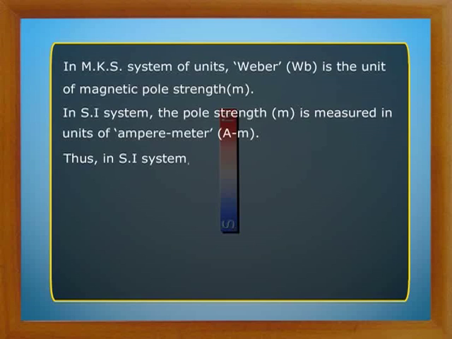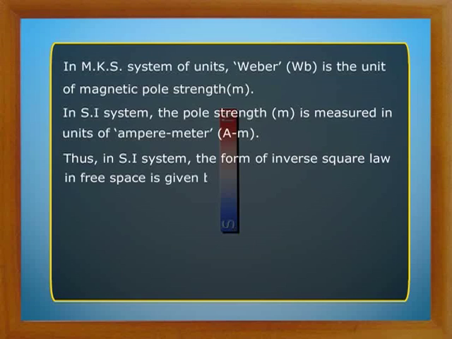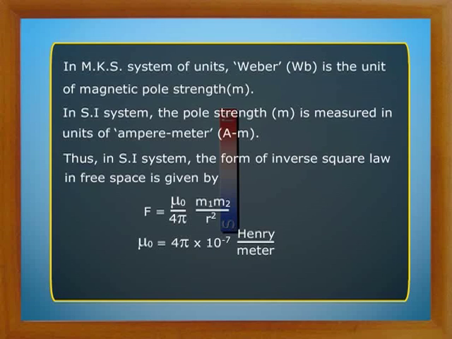Thus, in SI system, the form of inverse square law in free space is given by F is equal to mu0 divided by 4 pi, m1 m2 divided by r square. This is equation 2, where mu0 is equal to 4 pi multiplied by 10 to the power minus 7 Henry per meter, which is treated as a universal constant.